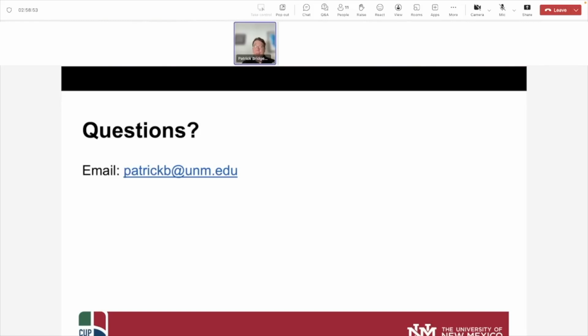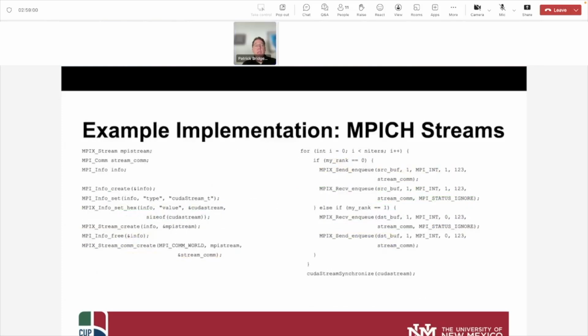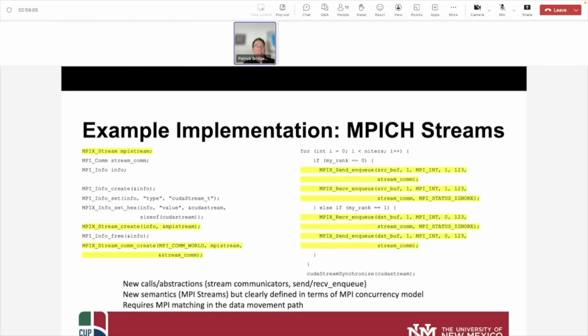So in the example I showed, that's explicitly meant, I can go back to it. Here, you're explicitly associating the CUDA stream, right here on the left, with the MPI stream, via the MPI+X info set. So the MPI operations enqueued on that MPI stream are sequenced with kernels enqueued to that GPU stream. You can enqueue a kernel, then enqueue a send, then enqueue a kernel, then enqueue a receive.